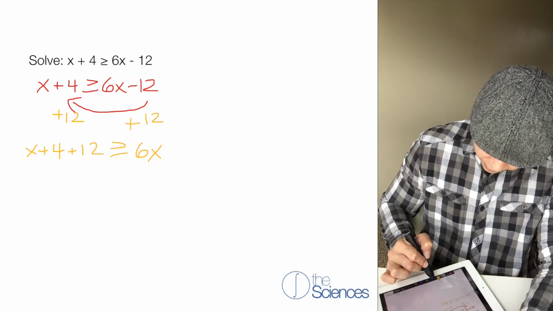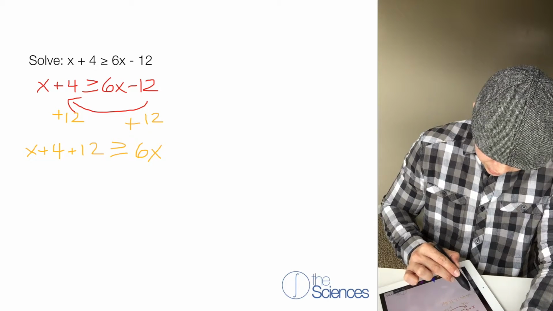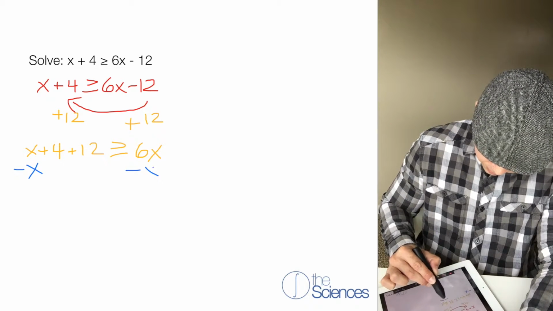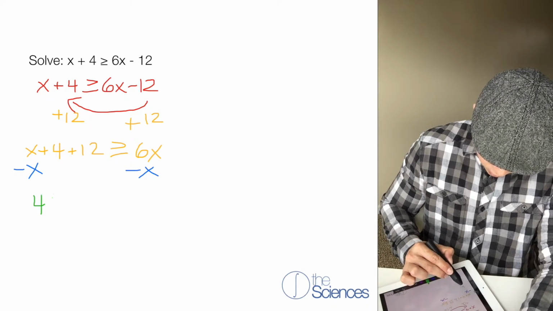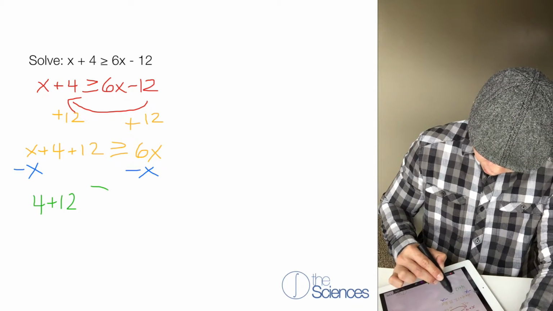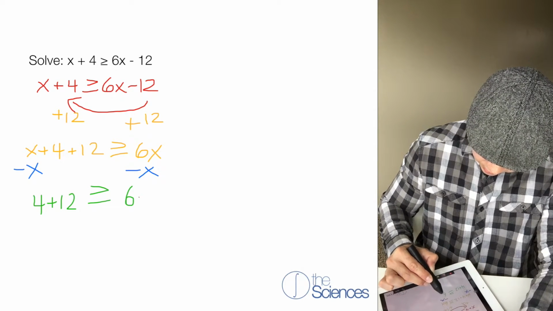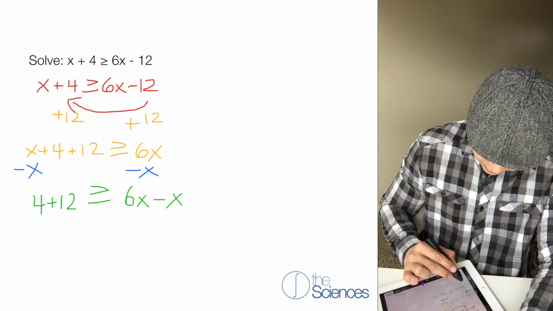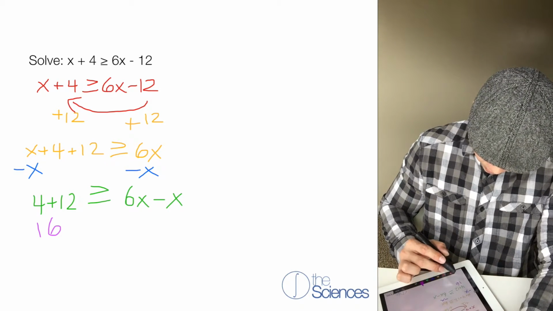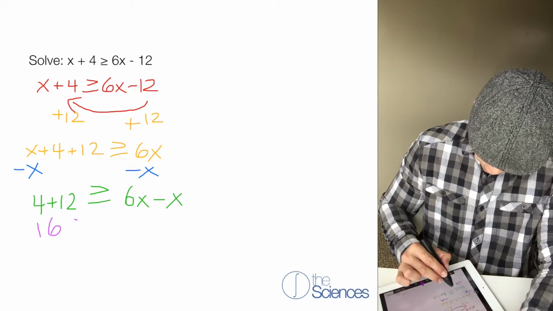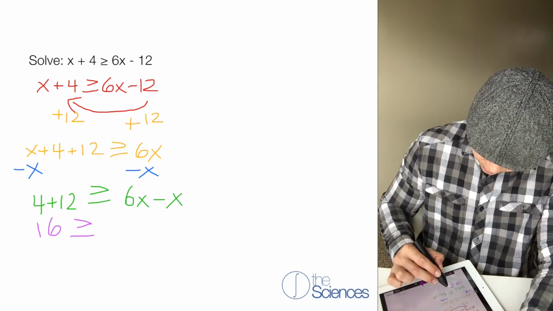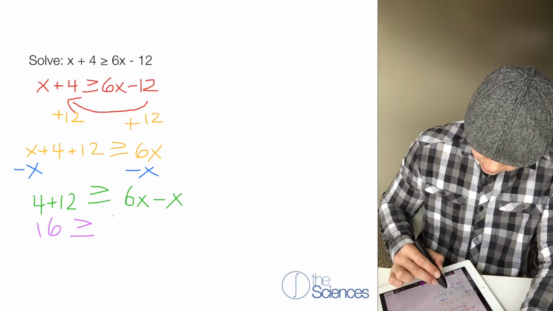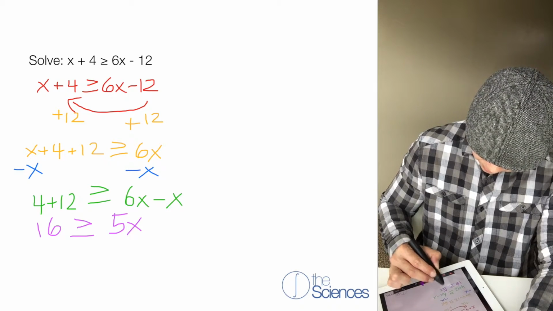Now we can move x to the other side by subtracting x. So now we have 4 plus 12 is greater than or equal to 6x minus x. So 4 plus 12 is 16, greater than or equal to 6x minus x, which is 5x.